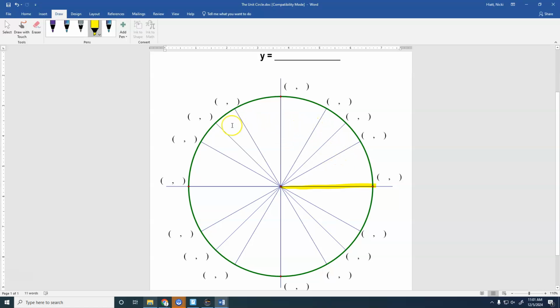We would go around counterclockwise. That's the positive direction. So this right here would be 0 degrees. This next angle that we have here is 30 degrees. Like this angle right here would be 30 degrees.